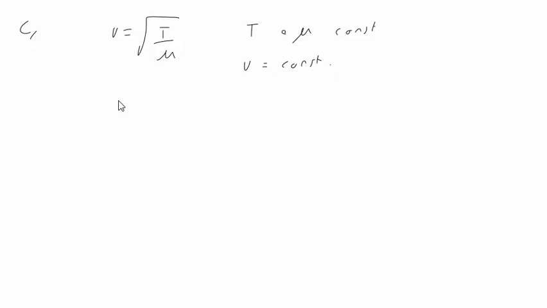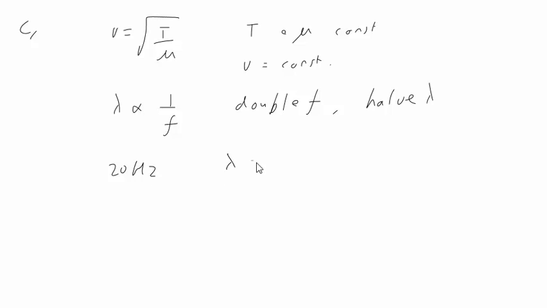And from these waves we can see that the wavelength is inversely proportional to the frequency. What that means is if we double frequency, we halve the wavelength. We can see for 20 Hertz that the wavelength is twice the length.